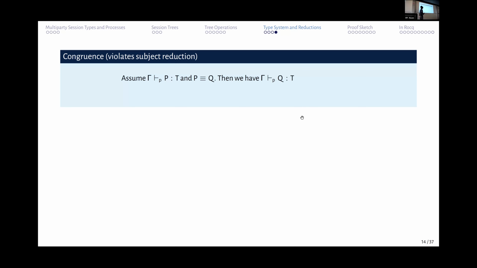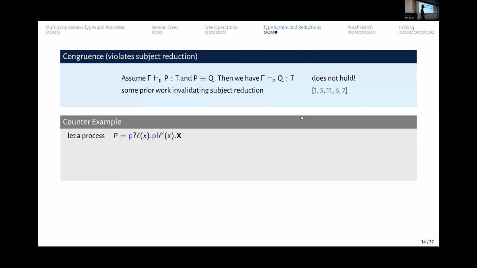So we had this rule inside the reduction rule instead of a pre-congruence rule. But this actually invalidates the subject congruence rule. And what is a counterexample? Actually, he discovered it. So let's take process P, input and output.